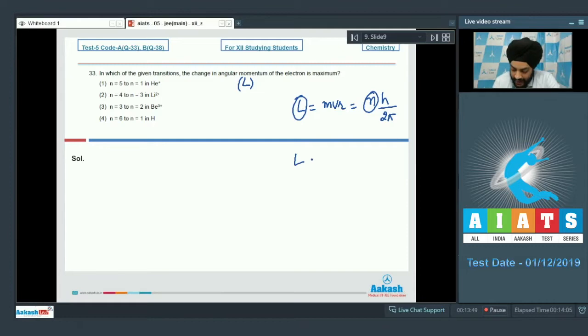So L is proportional to n. It means that delta L will be proportional to delta n. So that transition in which the change in the principal quantum number is maximum is going to have the maximum change in angular momentum irrespective of the atomic number Z. Looking at the options, delta n is maximum in the fourth option, and for this question we have to mark the correct answer as option 4. Let us look at the next question now.